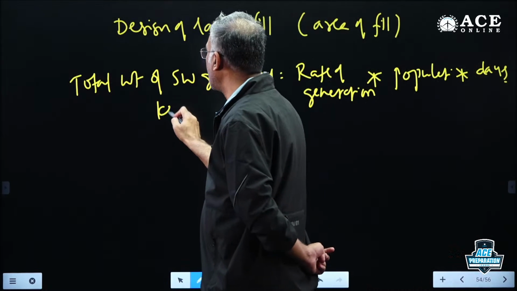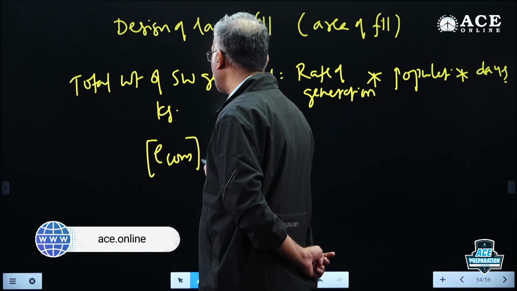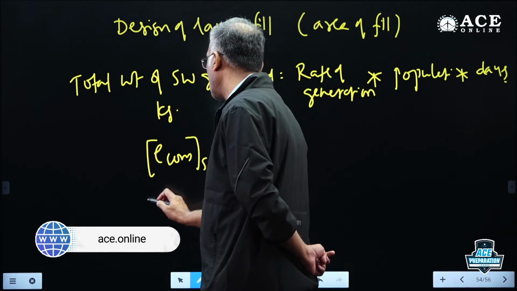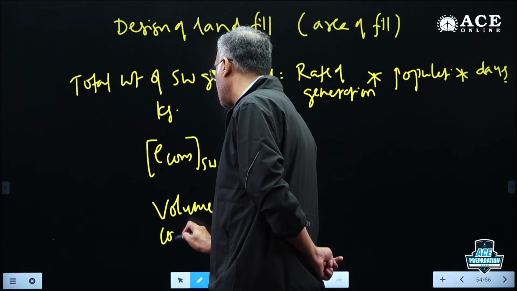You will get so many kilograms. Then the density of compacted solid waste in the fill will be given to you. Using this density, you can find the volume of compacted solid waste in the fill.